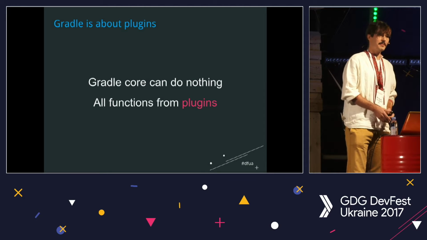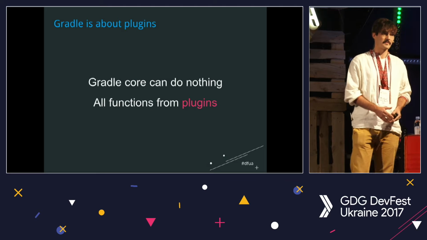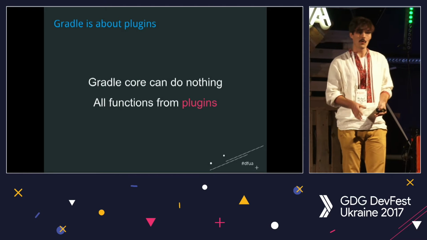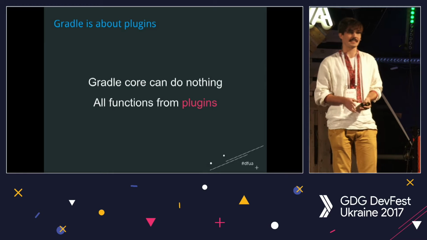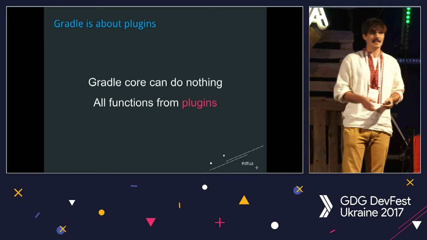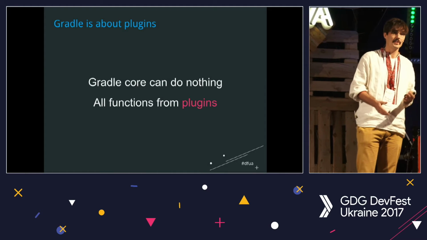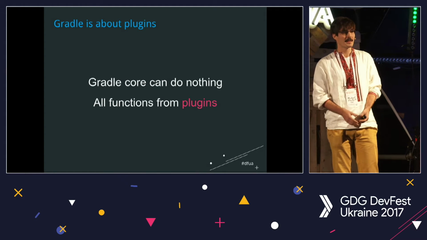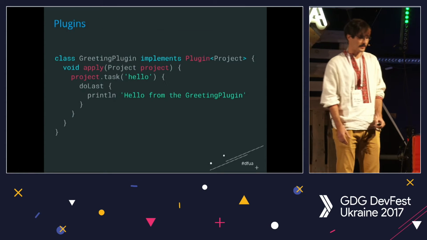But maybe the most interesting part of Gradle scripts are plugins, because Gradle core without plugins can do barely nothing. And all tasks that we are using to build Android, Java, Groovy projects are provided by plugins. So what is a plugin?